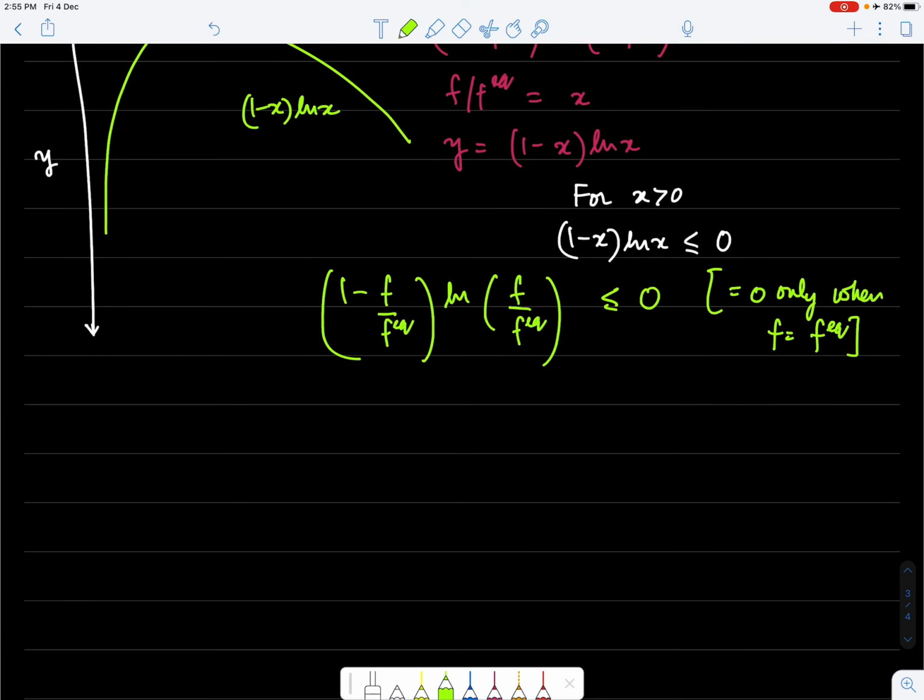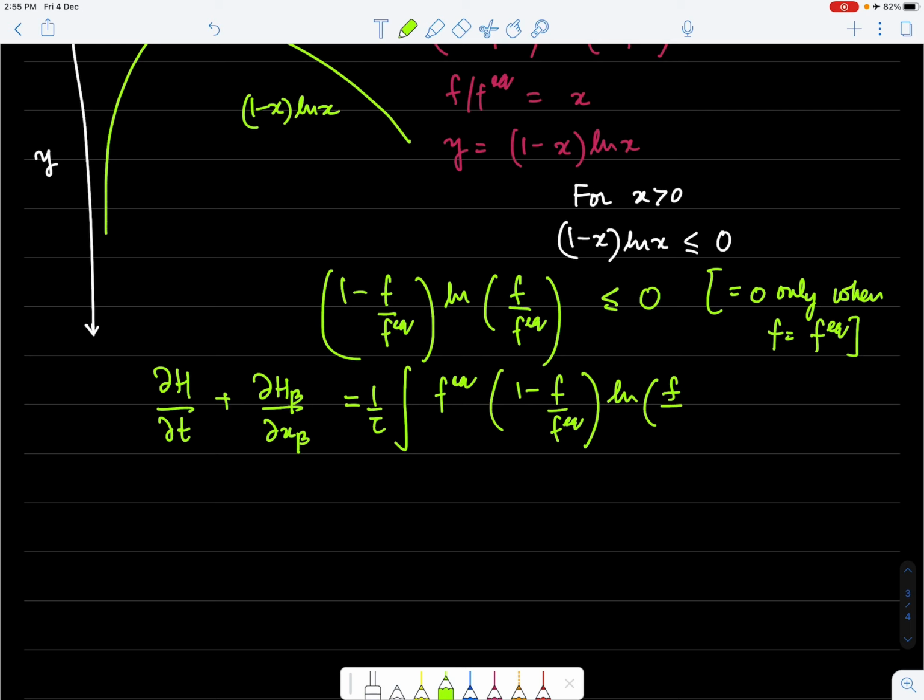And so we have dH dt plus dH beta dx beta, which was equal to the integral of F equilibrium 1 by tau of 1 minus F by F equilibrium log of F by F equilibrium d3 xi. So this function being always less than 0, the integral, the sum, the area under that curve is also always less than 0.